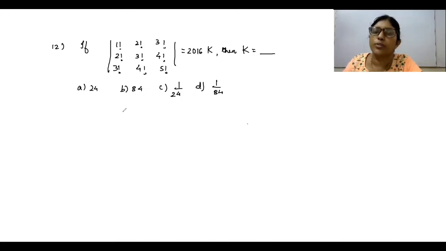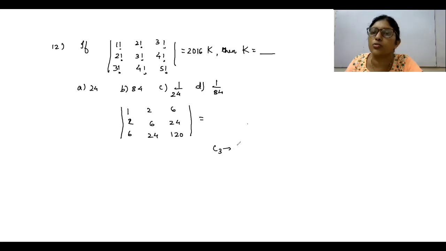So in this determinant equation, we have 1 factorial, 2 factorial, which are small values to be obtained. So we'll find the values. This is 24, 3 factorial is 6, 24, and 5 factorial is 120. Now you may look for direct expansion, or we'll be doing this.